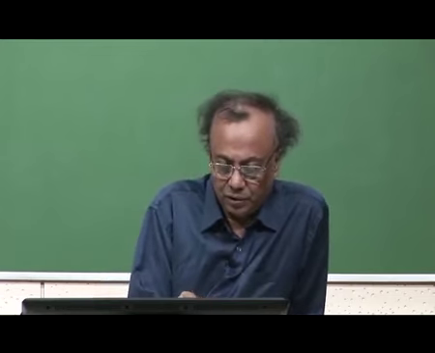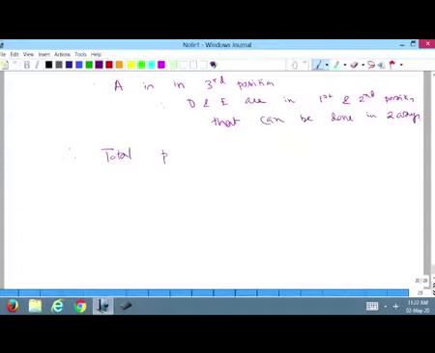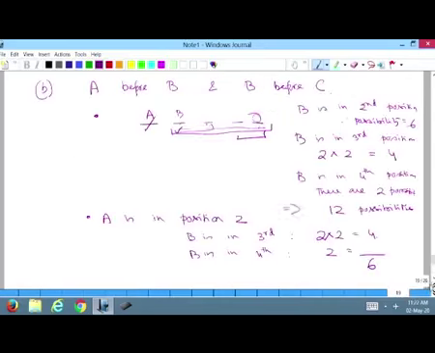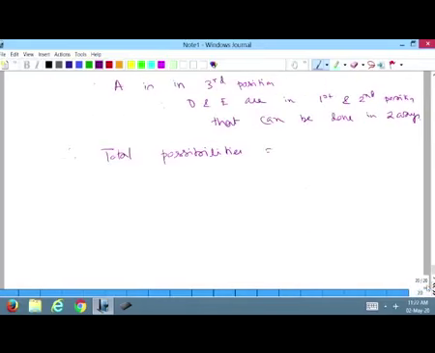Therefore, total possibilities is equal to 12 plus 6 plus 2 is equal to 20.